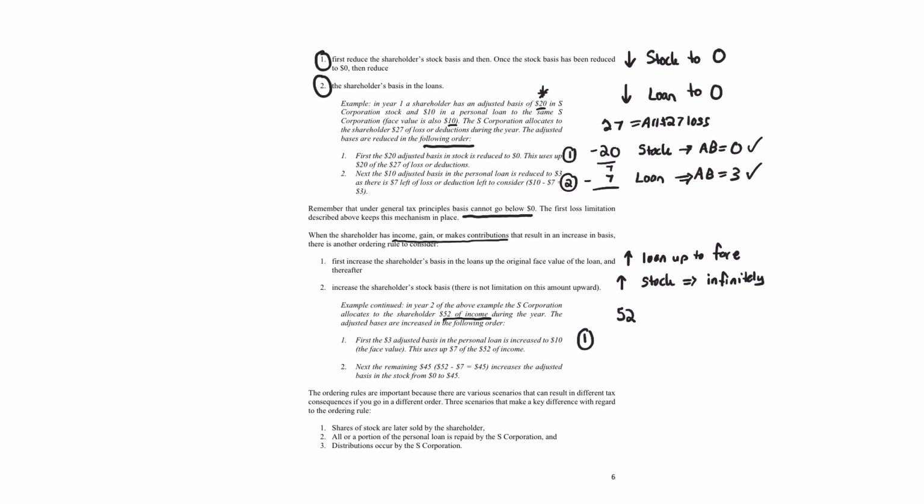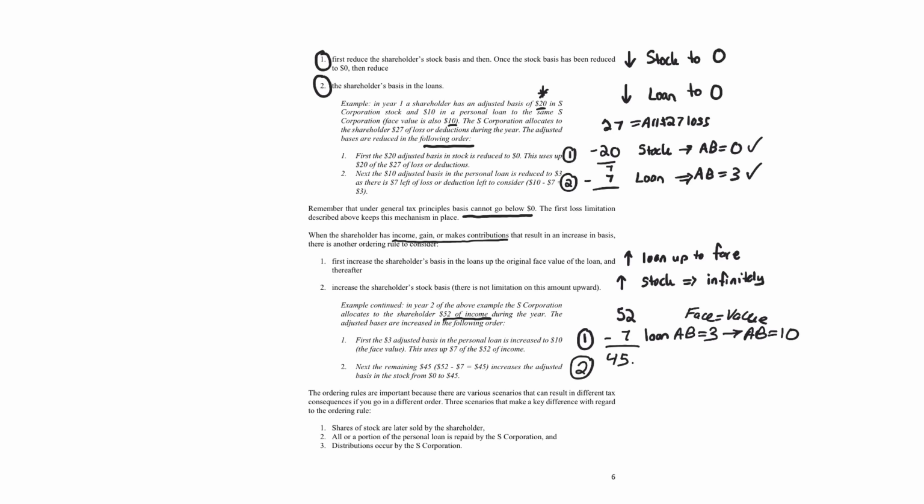We start with the loan. Now, here's the key. The loan adjusted basis starts off at 3. The face value of the loan is 10. So we can go up by 7, and the adjusted basis goes from 3 to 10. We have 45 left.